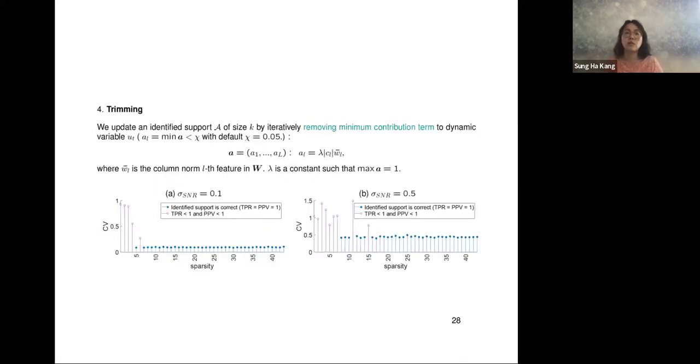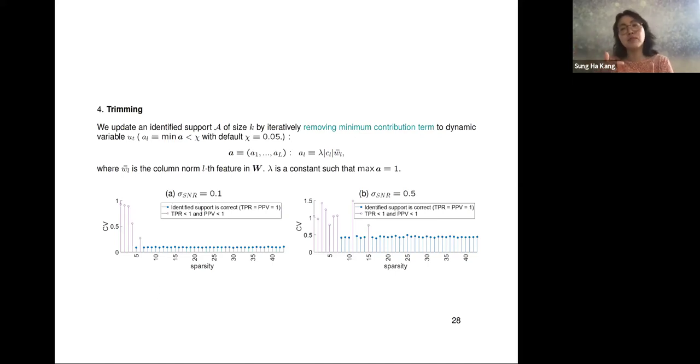The fourth thing that I wanted to mention is trimming. As I said, we remove some of the terms. This is the effect. So K is equal to 1 will find something, K is equal to 2 will find something, K is equal to 3, and so on. At some point, we don't really need 10 terms, 11 terms. So how do we get rid of it? We get rid of it by contribution. Does the column that you have, including the coefficient, contribute to UT?